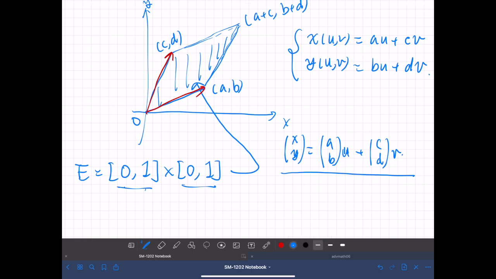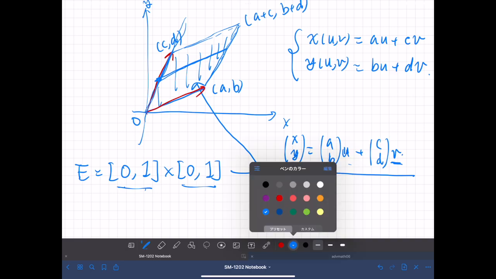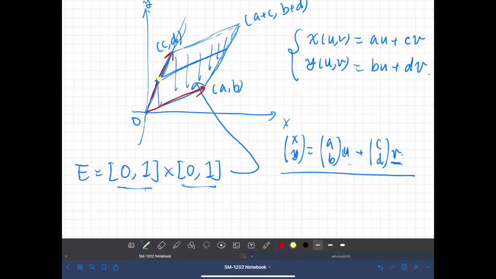So if we fix the value of v, that will be somewhere along this line. If we move u from 0 to 1, that will move like this. When u is 0, it's here.